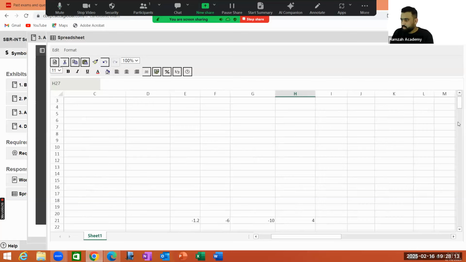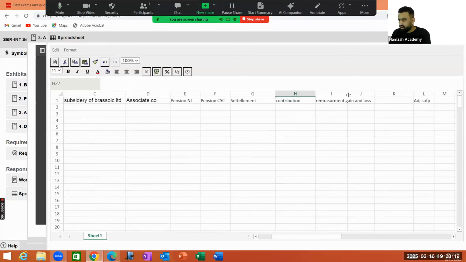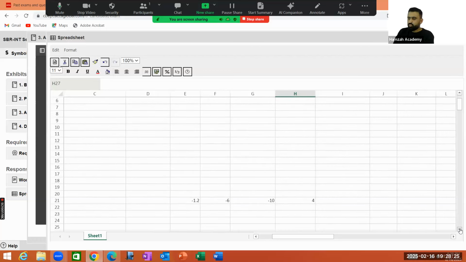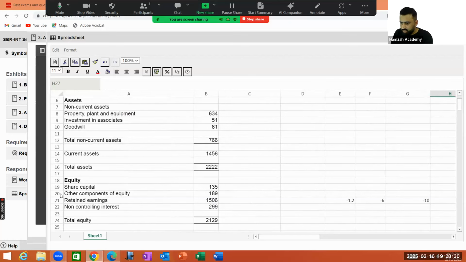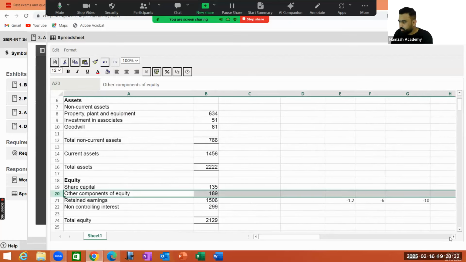Now we have the remeasurement gain and remeasurement loss. And we have a remeasurement loss of 2.8 million. That would be recorded in other comprehensive income, meaning the other component of equity.